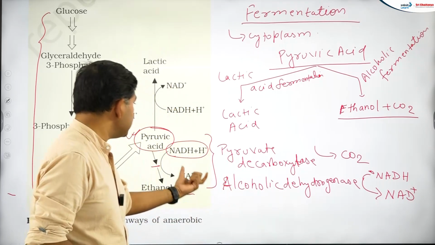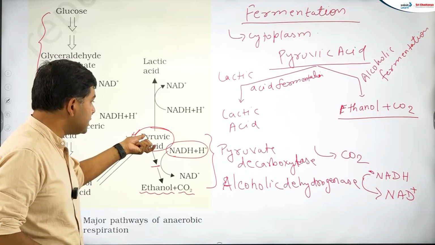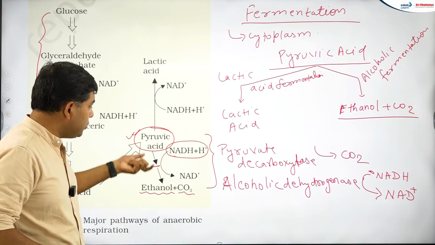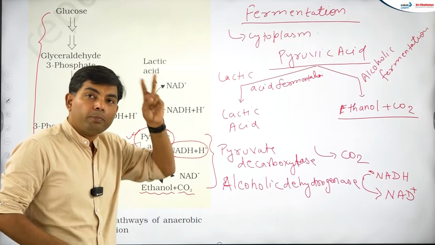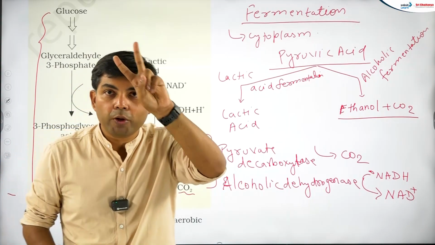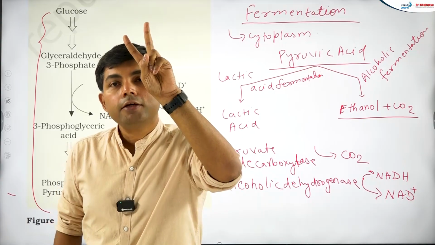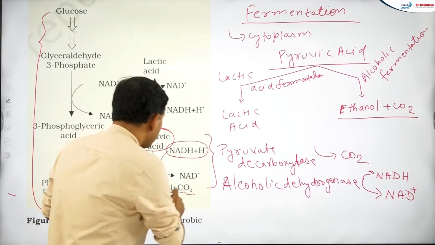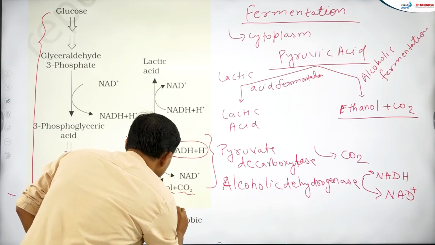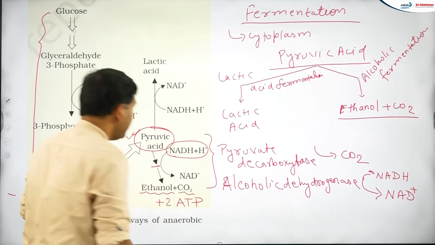So the product of glycolysis was 2 NADH and 2 ATP. 2 NADH is used, so what is the net product? 2 ATP, right?